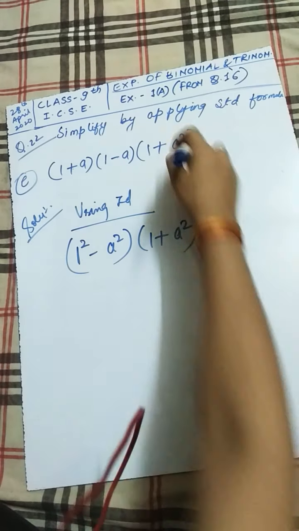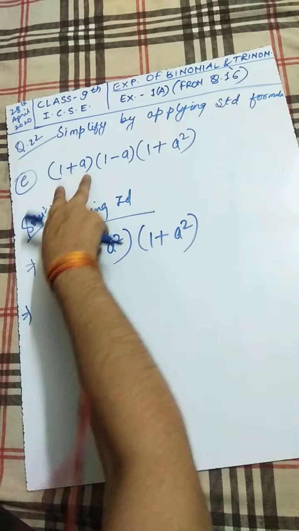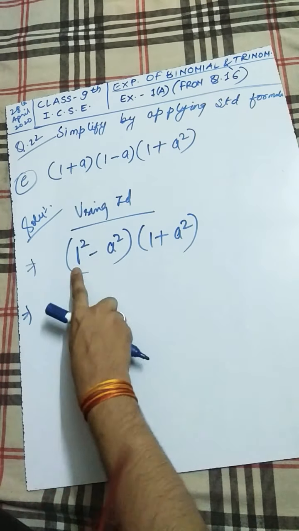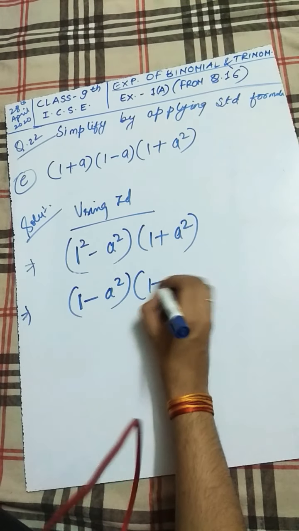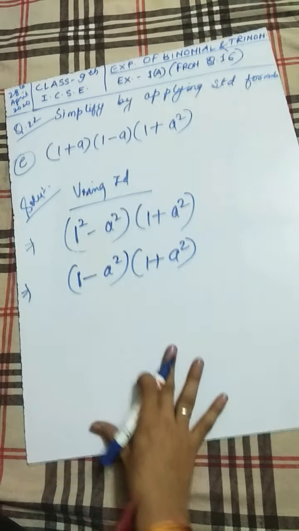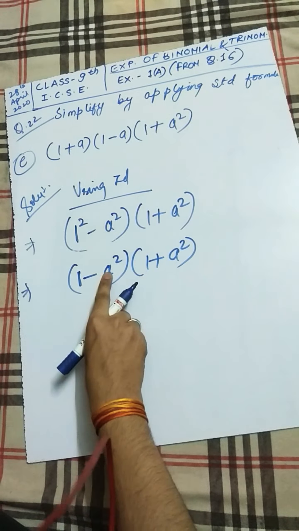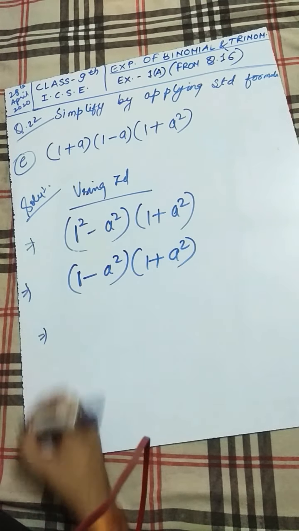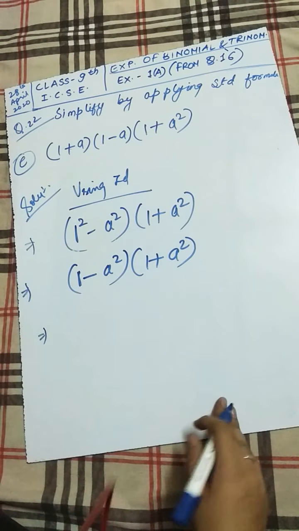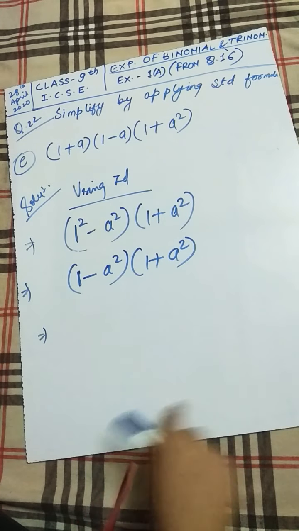You don't have to skip this one. In each and every step, this is going on. So a plus b, a minus b, a square minus b square. 1 square is 1. See, again you have an identity, you can again use the same identity, a minus b, a plus b. a plus b into a minus b is the same as a minus b into a plus b.